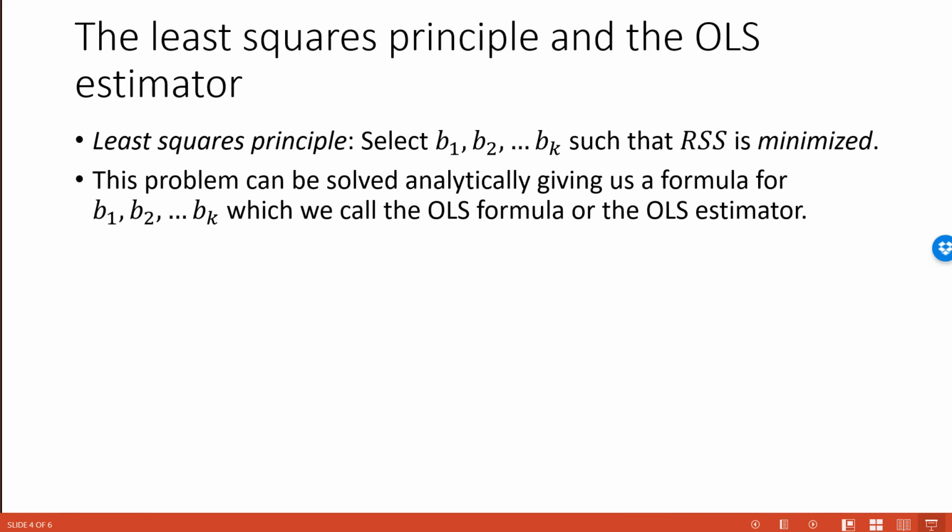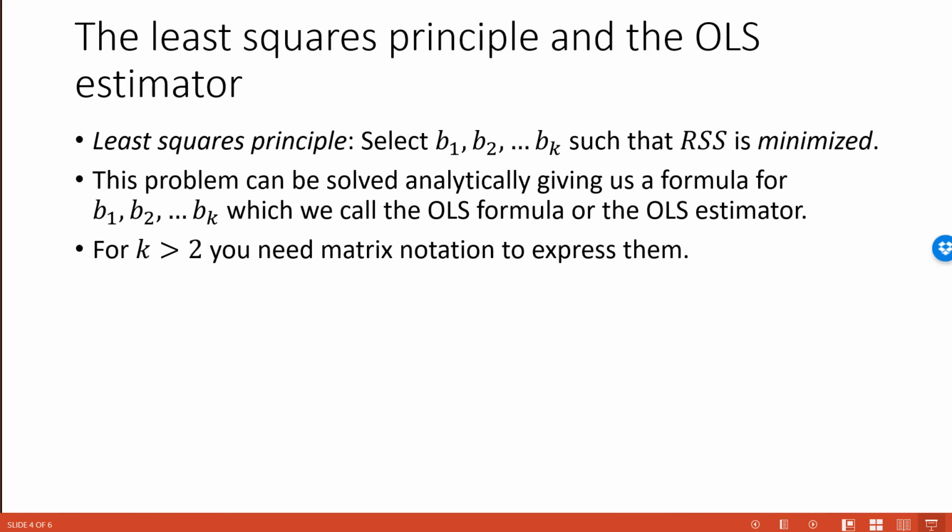And it's still going to be the case that the only thing we need to calculate these B's is the data on the X variables and the Y variable. But you do need matrix algebra, a matrix notation, to express these formulas.